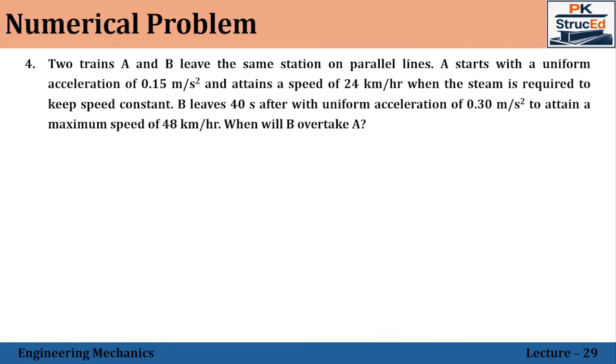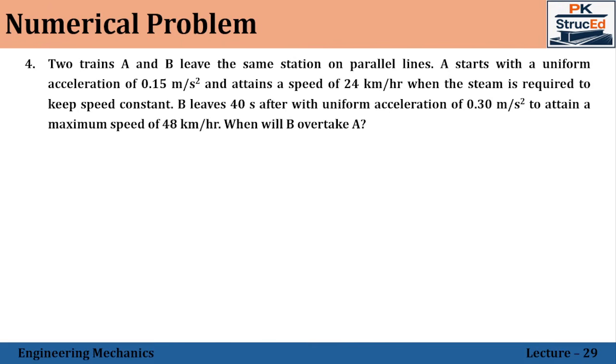So we have two trains, both starting from the same station but not at the same time. It is something like relative motion. Train A starts at an acceleration of 0.15 meters per second square and is going to attain a speed of 24 km per hour.